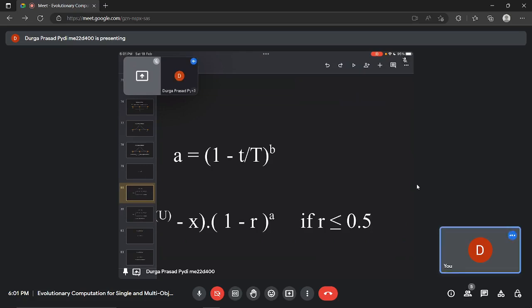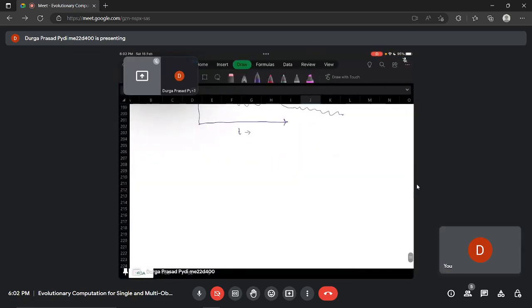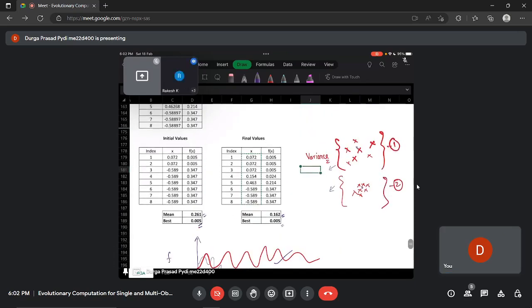B is essentially your exponent. If you increase B too much, then you get a more nonlinear one. It just increases the nonlinearity, so you give more weightage to your time steps. Across one time step, your change will be too much. So it depends on your problem. B can be 1 or 2, something like that.